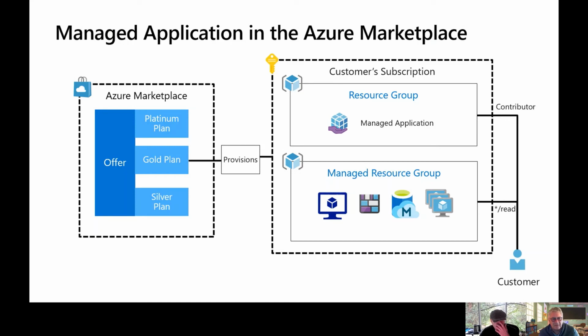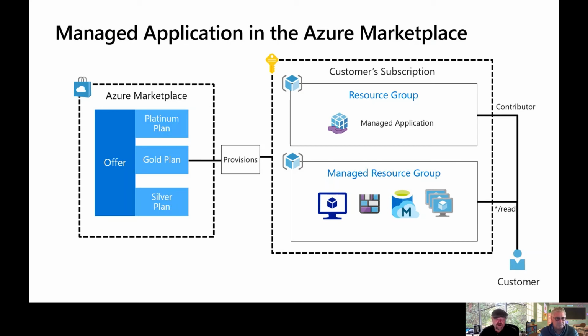David, this is great. But one question, what is a typical deployment model needed to build a managed marketplace application? That's perfect. So let's think about each one of these plans here on the left. We've got a platinum, a gold, and a silver plan. Turns out each one of those might deploy a different set of resources. And remember that we talked about them being created by an ARM template.